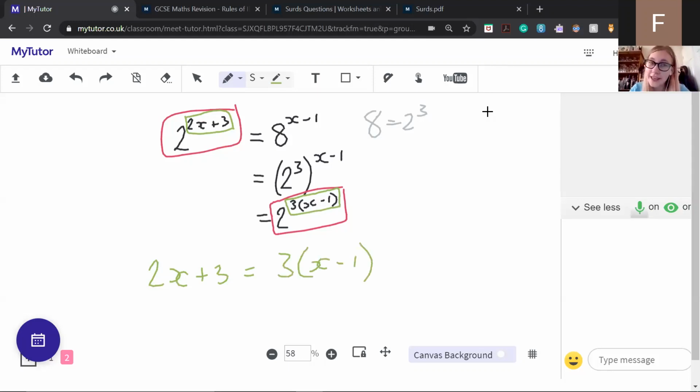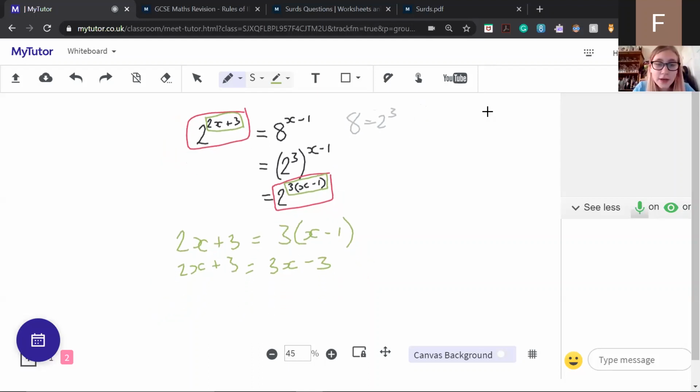And we can just solve this and say 2x plus 3 equals 3x minus 3. I've just expanded that out there. Then I'm going to add 3 to both sides. 2x plus 6 equals 3x. And then subtract 2x, so 6 equals x.